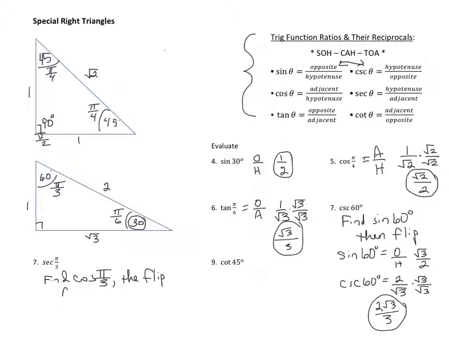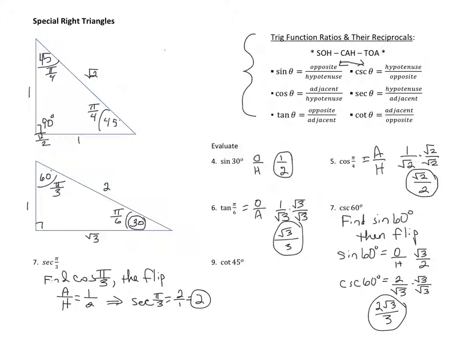Cosine is adjacent over hypotenuse. And let's come up here. Pi over 3, right here in the triangle right above us, the adjacent side would be 1, and the hypotenuse would be 2. So the cosine of pi over 3 is 1/2. Therefore, if we flip it, the secant is 2 over 1. Let's see, secant of pi over 3 would be 2 over 1, or just 2.